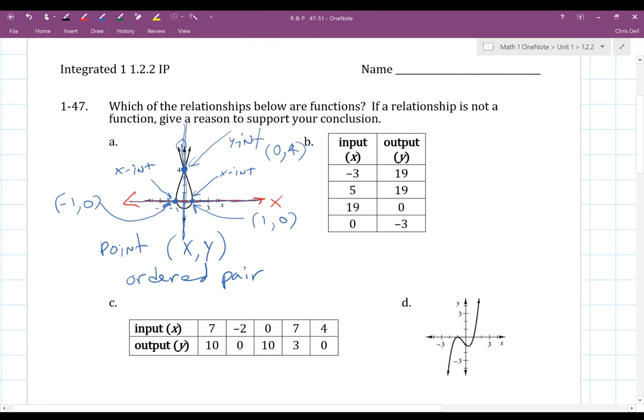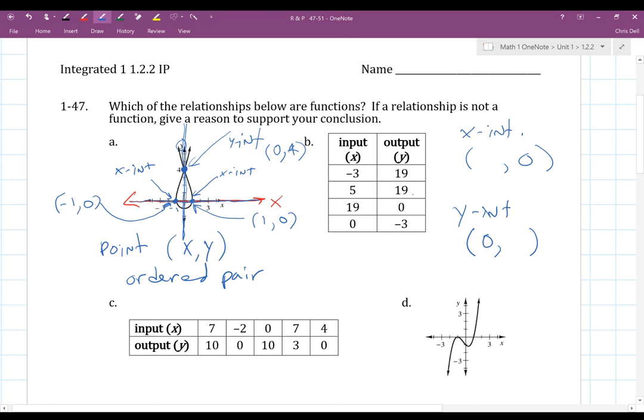B is a table. With the table, again, I want to know the x-intercept. You have to know the x-intercept is always something comma 0. The y is always 0. The y-intercept is always 0 comma something. The x is always 0 for the y-intercept. So if I say x-intercept, y is 0. Y-intercept, x is 0. The opposites are the zeros.